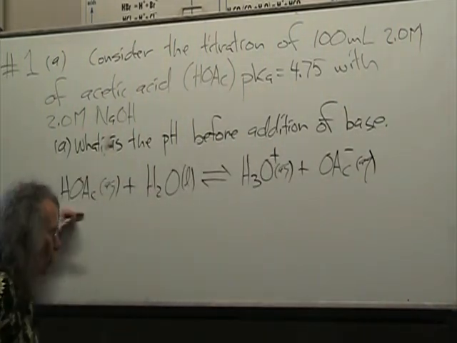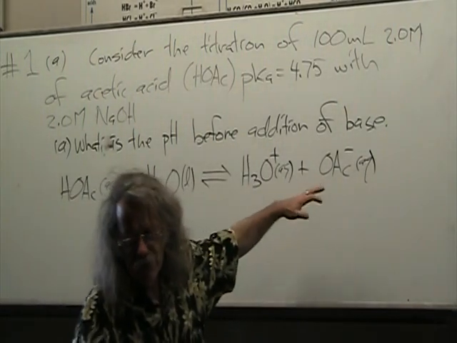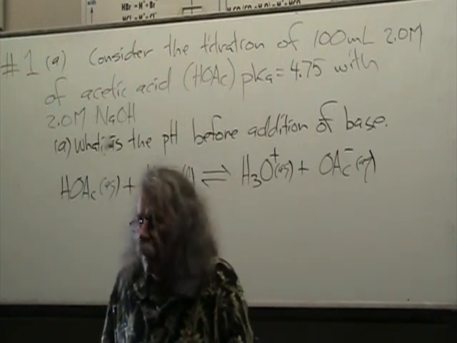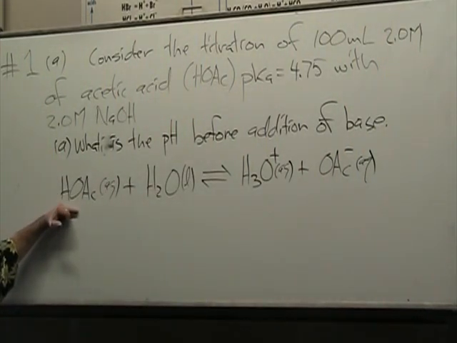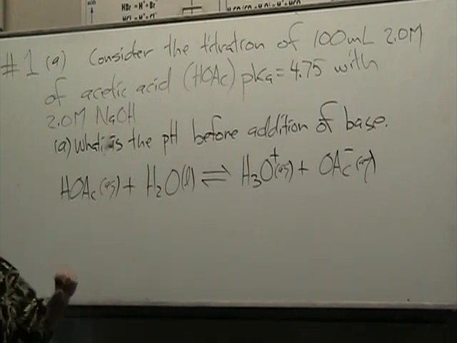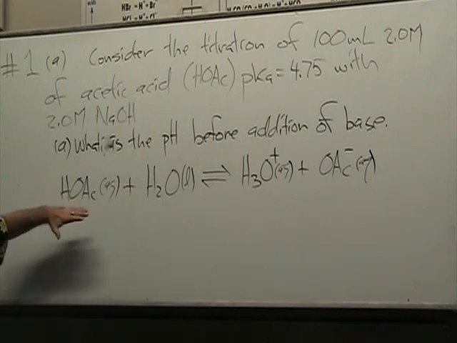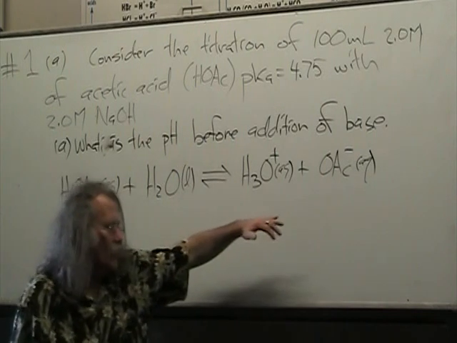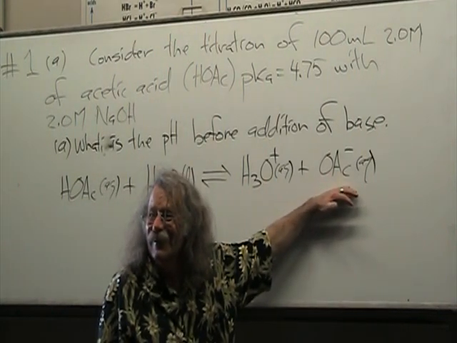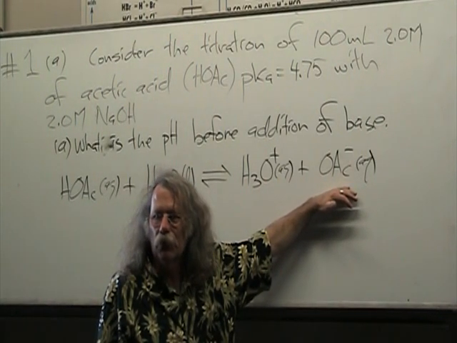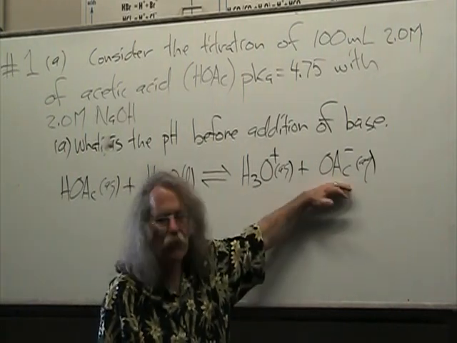Even though it was written at the top of the question, I want you to know that this is the parent acid, acetic acid, and the conjugate base of acetic acid is the acetate ion. This is just the anion.